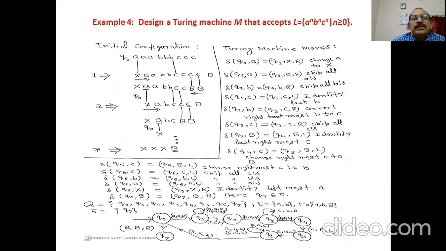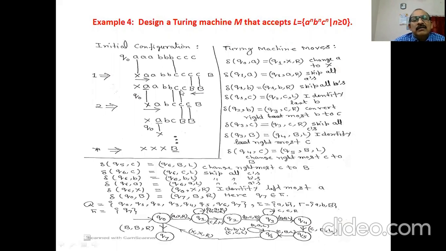Again, we skip all C's moving in the right direction. When the blank symbol is encountered, we move in the left direction and convert two consecutive C's into the blank symbol B, meaning we are removing the two rightmost C's.